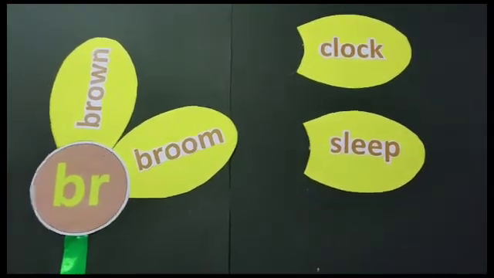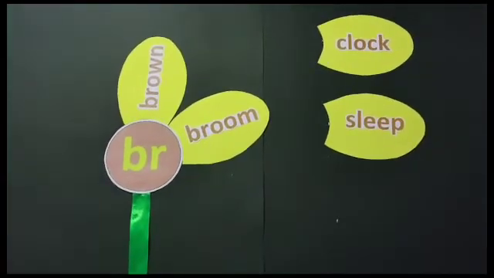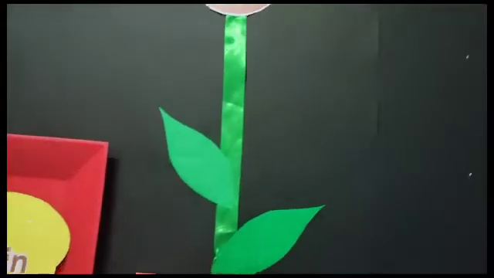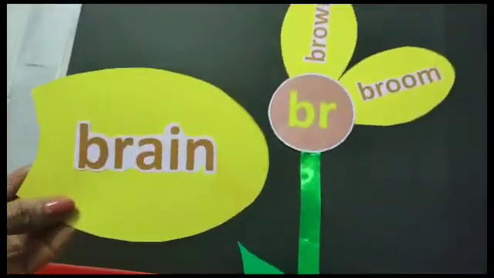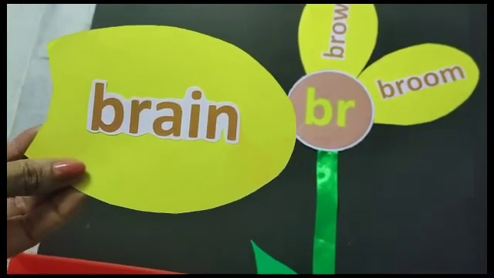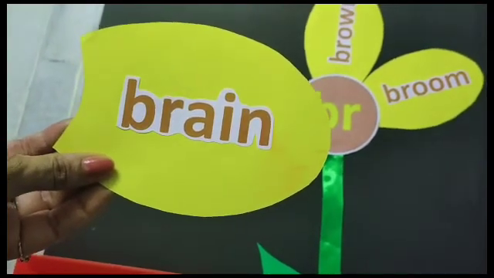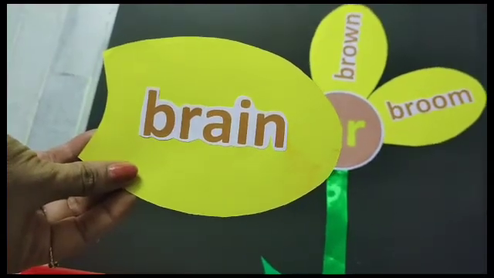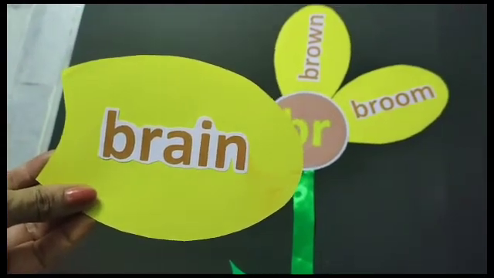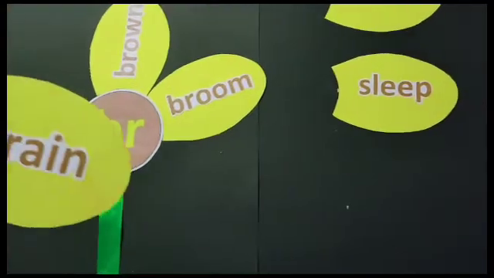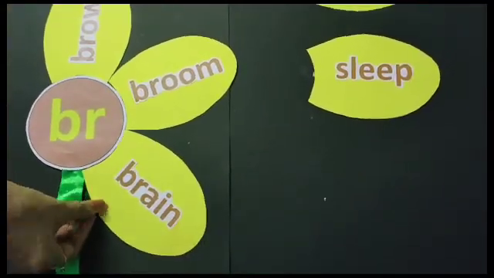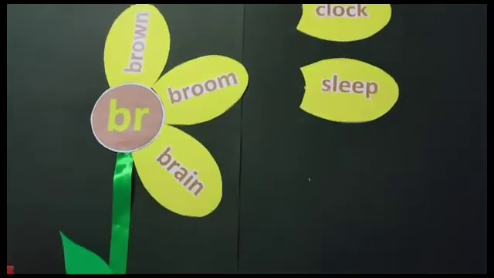The flower gets one more petal. Our next petal has the word brain written on it. Can you hear the br sound? Br brain. Yes, we can hear it so clearly. So, this too belongs to the BR flower.